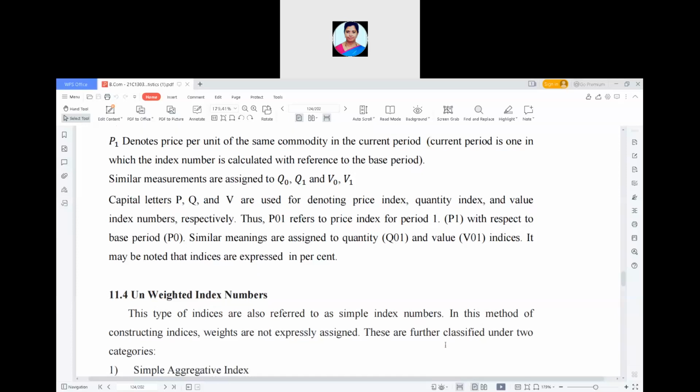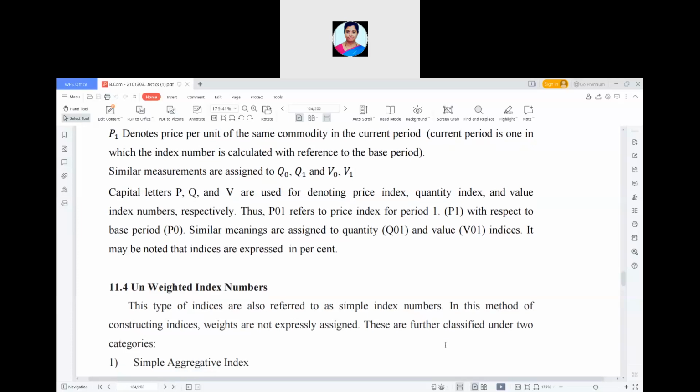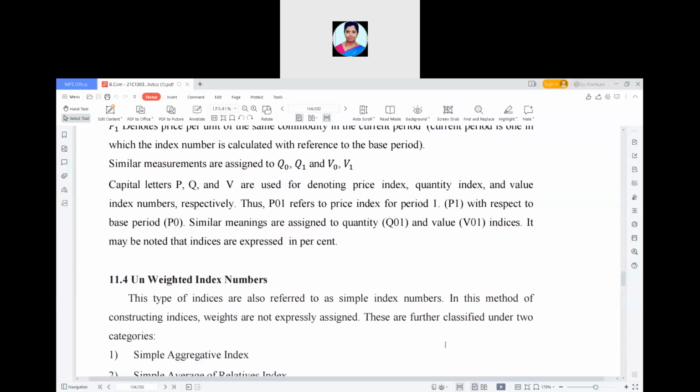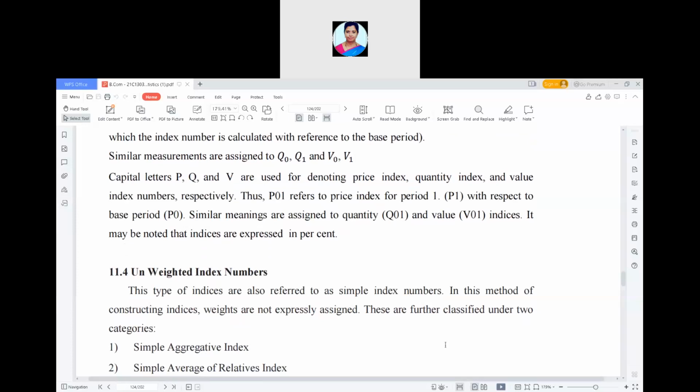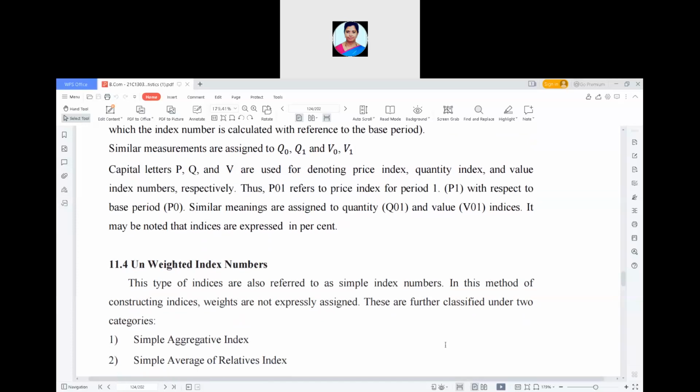And the next one is 11.4, unweighted index. This type of indices are also referred to as simple index number.